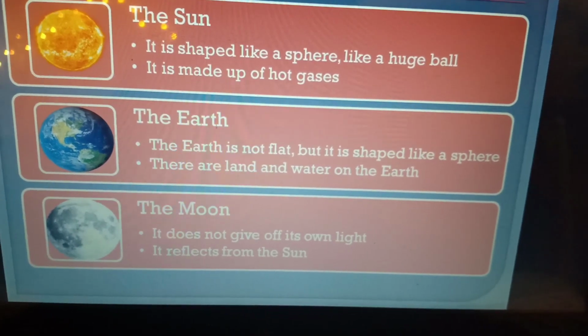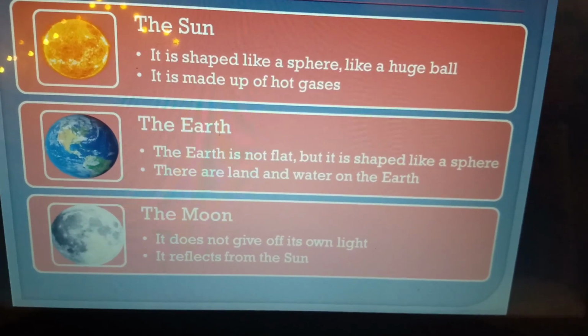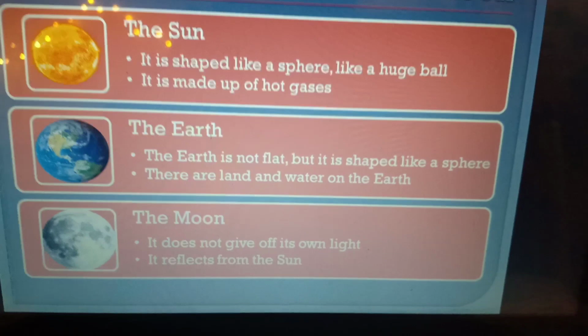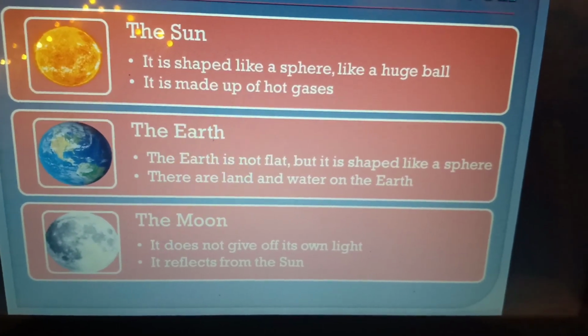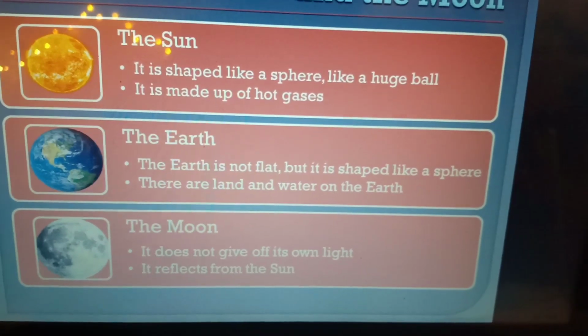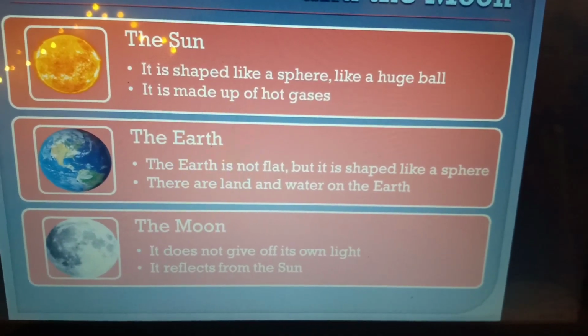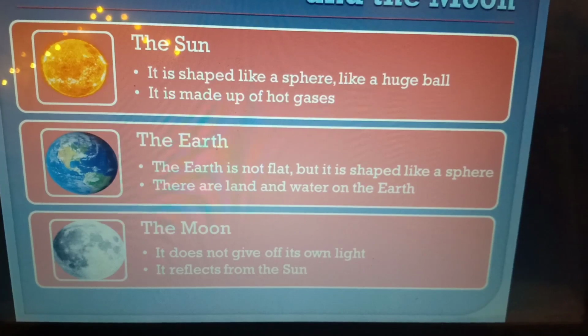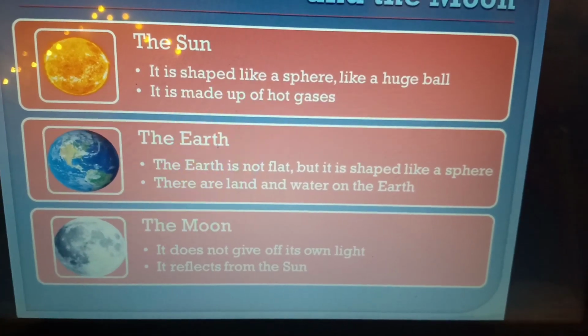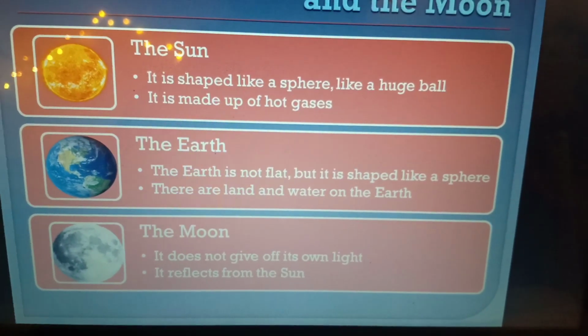The light is reflected from the sun. So if there's no sun, it's impossible for the moon to have its own light. If there's no sun, everything is dark in space.